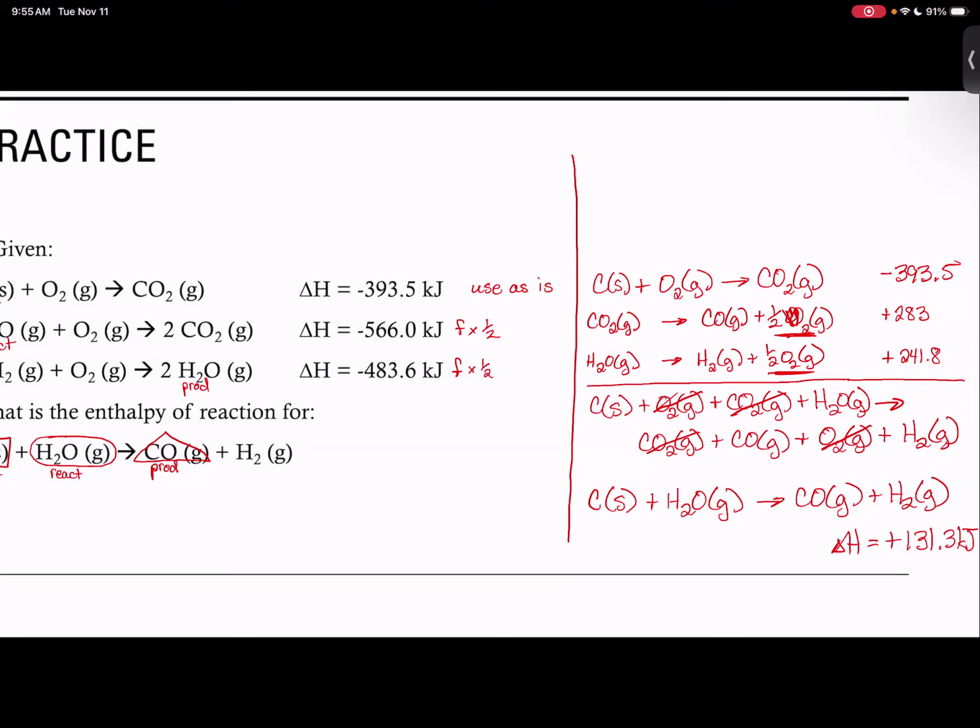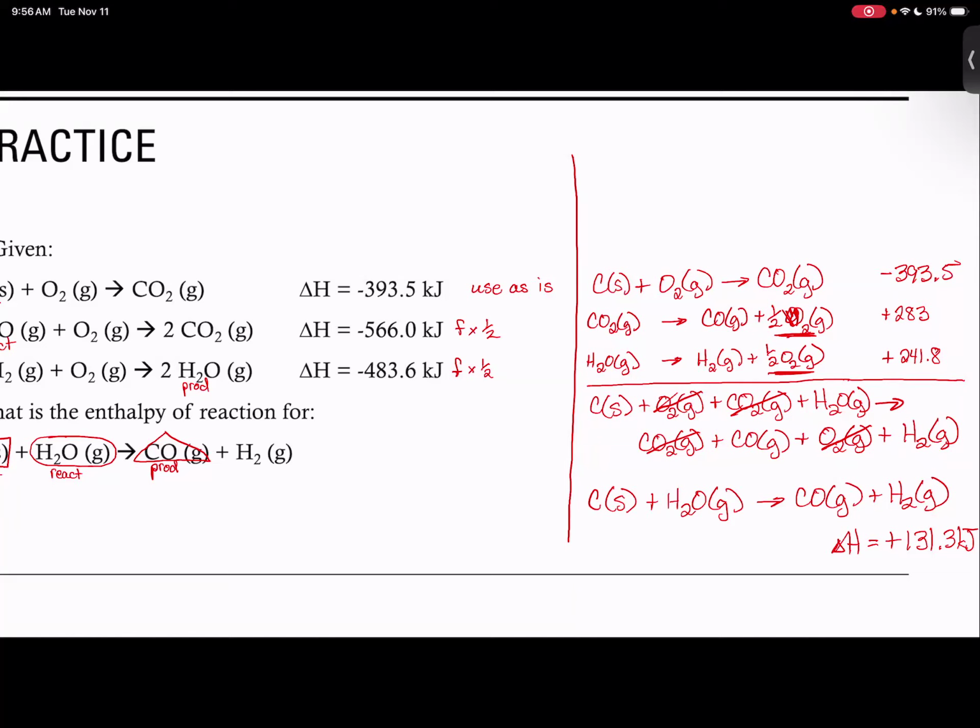The other thing I will say is when I'm working with target equations, let's say this had been oxygen. Because I had two equations with oxygen in it, I would have ignored the oxygen to begin with, because if you try to make the oxygens work, it's going to get confusing.